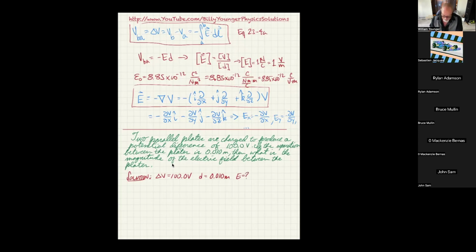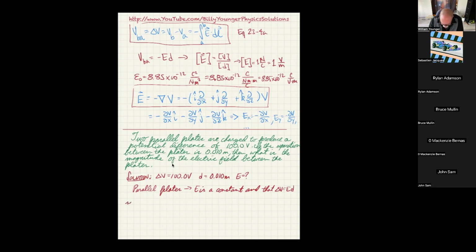Now, since it's the parallel plates, we know that the electric field is uniform. Our E is a constant. And that delta V is equal to E times D in magnitude.